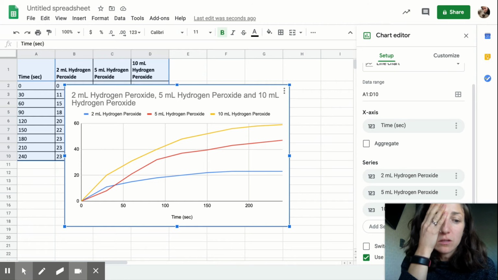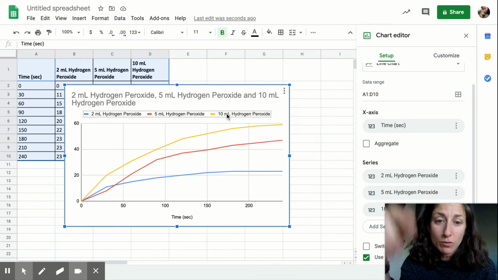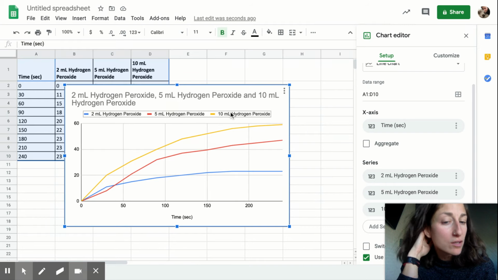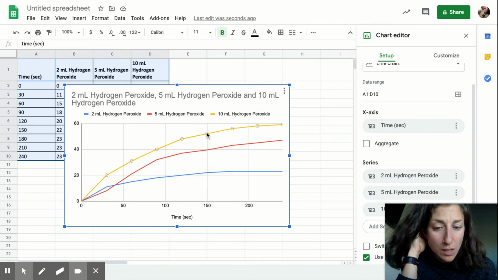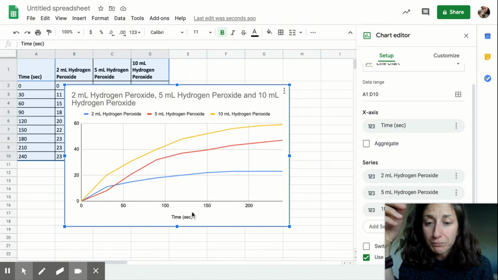The only thing that you are going to now do is we need to make sure, well, we have our legend. Okay, so it shows us that our blue line was at 2 milliliters of hydrogen peroxide. Our 5 milliliters was our control, and then 10 milliliters is the yellow and should be the fastest. Okay.